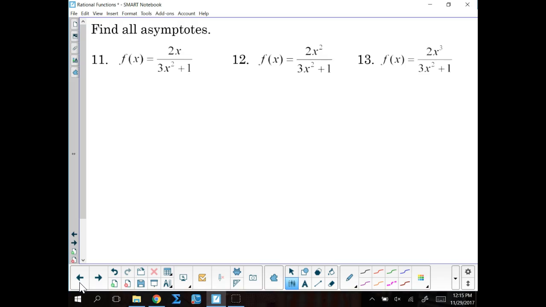Vertical asymptote is none. And then the horizontal asymptote is y equals 0. Or did I do that wrong? Do we agree with no vertical asymptote? Horizontal asymptote is y equals 0. Yeah. Okay. Second one. What are the asymptotes?